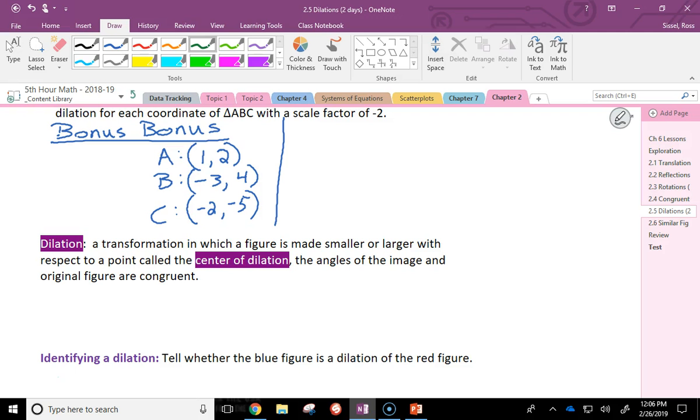Your homework is 2.5 dilations day 1. On 6, 7, and 8, you're telling me what was the scale. So it says point A was at 8:12. When they did the dilation, it came out to 16:24. So how did I get from 8:12 to 16:24?